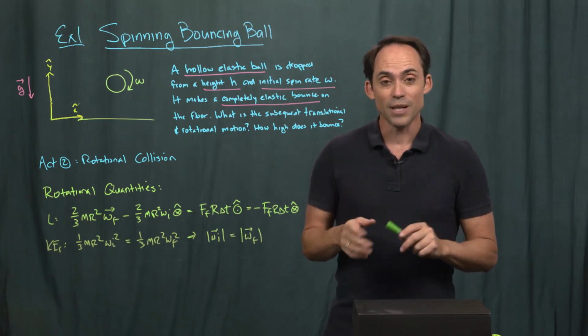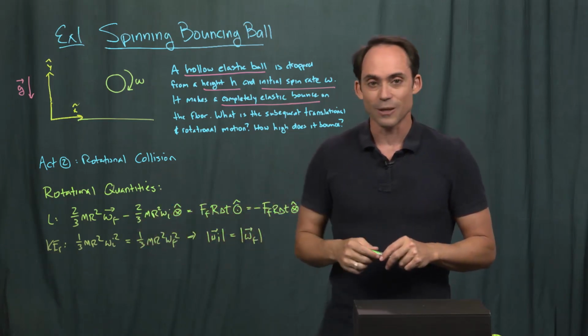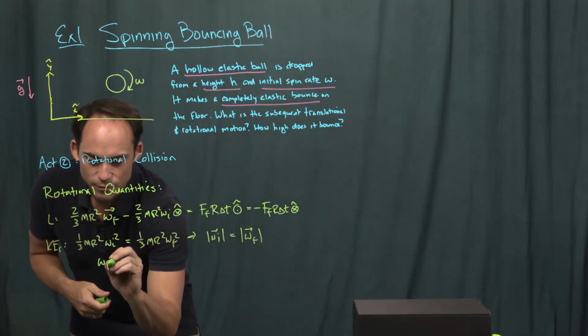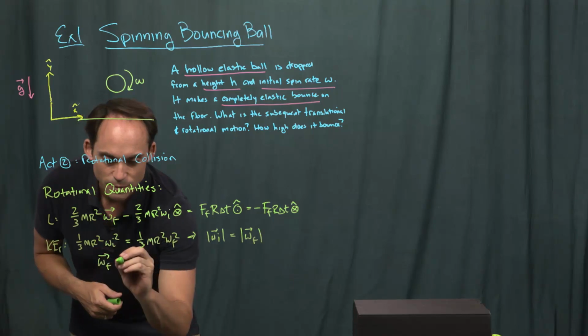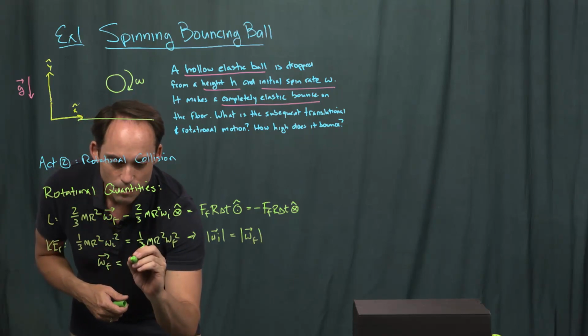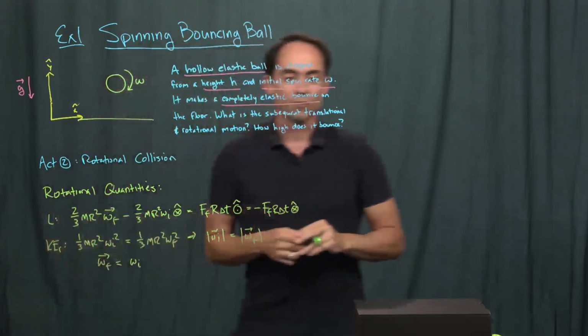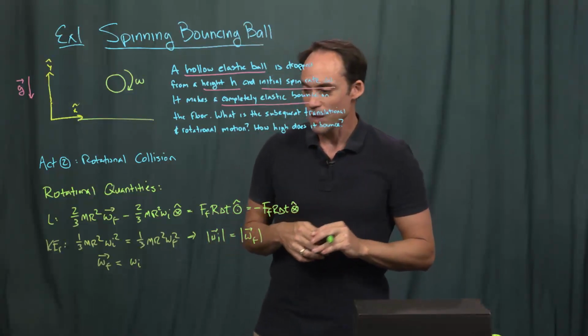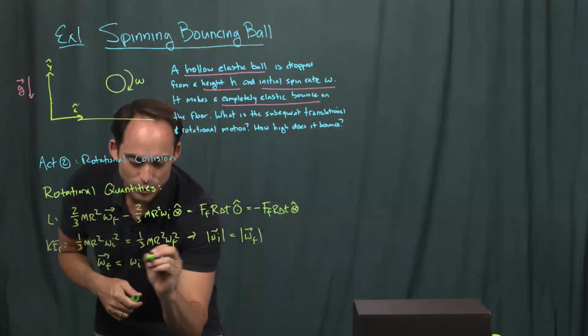So for this completely elastic case, which allows us to set this equality, what we can conclude is that the final rotation vector has the magnitude of the initial angular rotation rate vector, but it's pointed in a different direction.